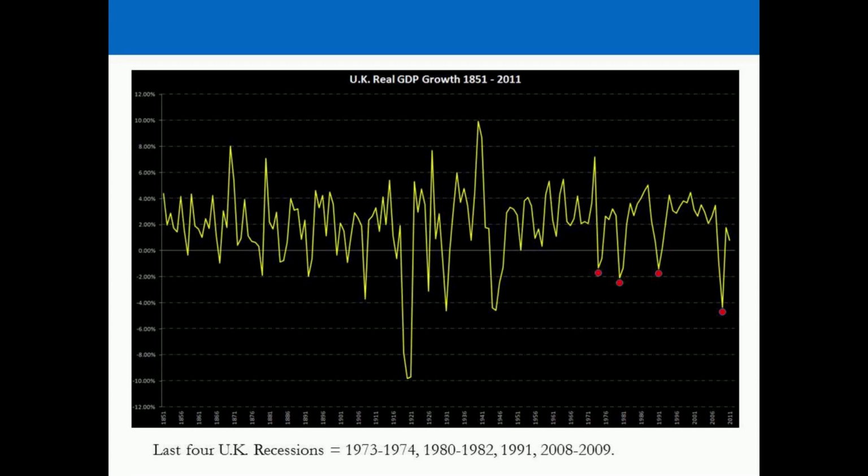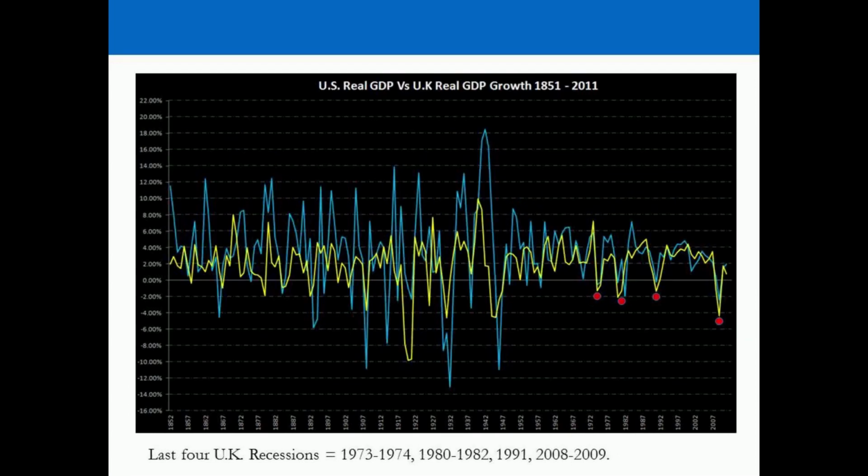You don't need to know anything about the United Kingdom to trade the FTSE, because UK GDP is just US GDP with a K. There they are, overlaid.